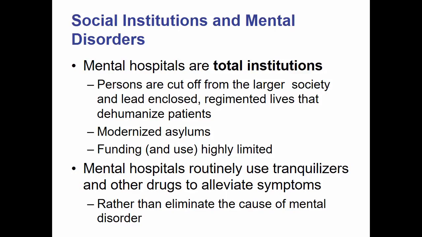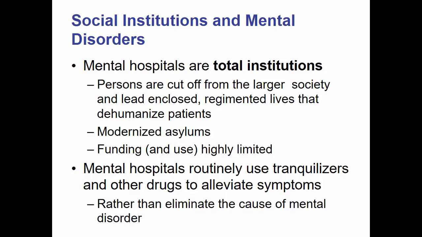Mental hospitals are a type of total institution, which you may have studied in your other sociology classes if you've taken them. A total institution is one in which a person is cut off from larger society and is forced to lead an enclosed, regimented life, and often leads to dehumanization.